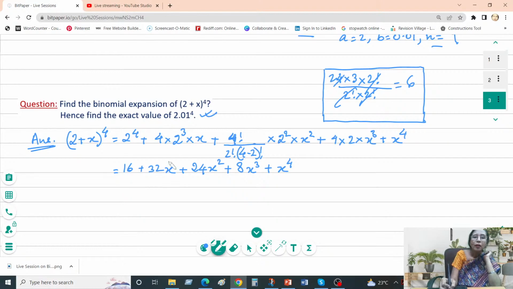Okay, so this is the expansion. This is the first part, and this subpart, we have done the first subpart. Now coming to the second subpart. Hence find the exact value. Now this is important: exact value. We cannot give any approximation.